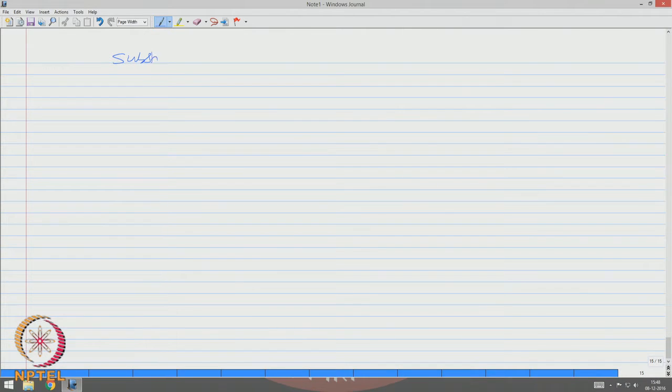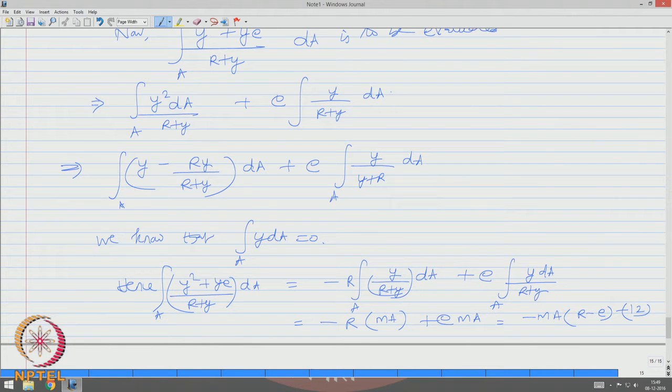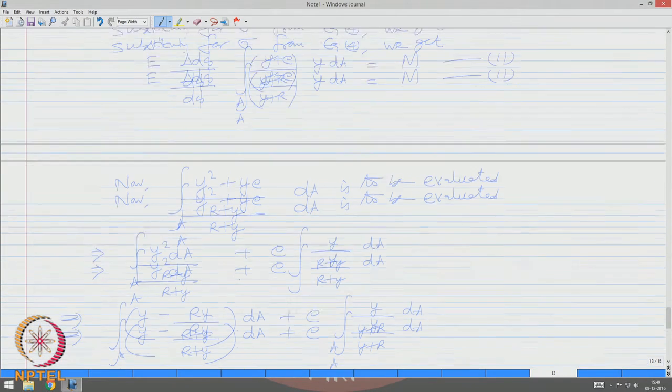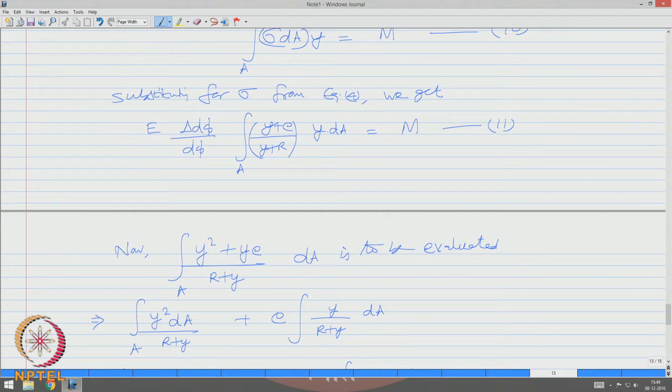Substitute this in equation 11. Minus E delta d phi by d phi of m A times R minus E will be m, because equation 11 is related to this.